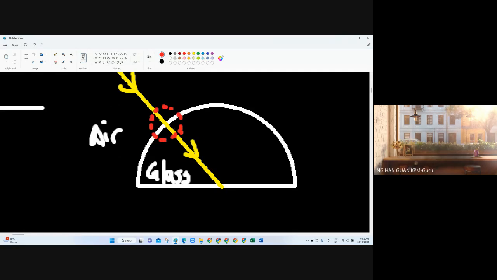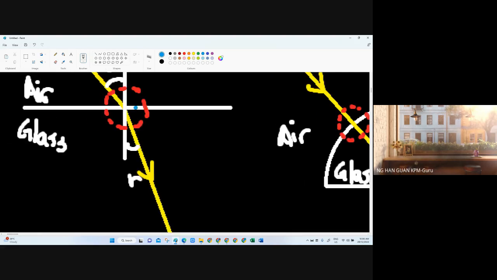Okay, so you need to know where the normal line is. When we show our normal line, this is the borderline here between the two media. So we need to show the normal line is here. This is our normal line, which is perpendicular to the surface.